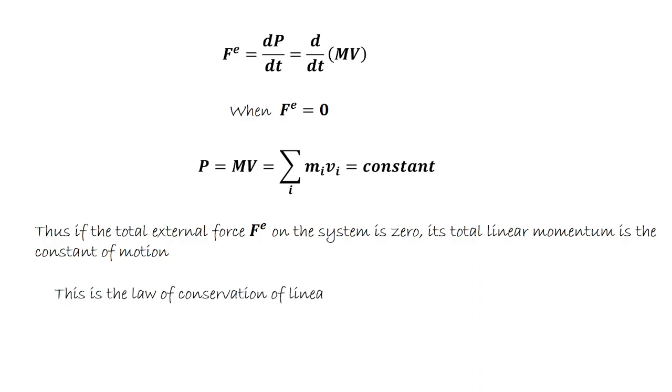This is the law of conservation of linear momentum for a system. We already discussed a conservation law at the start of this series. The difference between these two conservation laws is that we discussed a one particle system conservation law there. This is the classical mechanics many particle system conservation law, so it is better to focus on this type of conservation law.